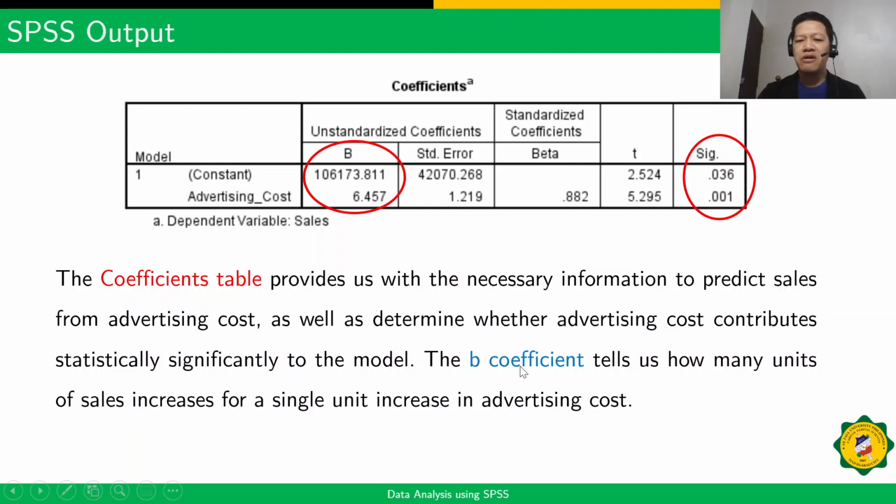So the B coefficient tells us how many units of sales increases for a single unit increase in advertising costs. So these are the B coefficients. This is the constant, and this is the B for advertisement cost. And it says here in the P values that both are less than the 0.05 level. So the two are significant.